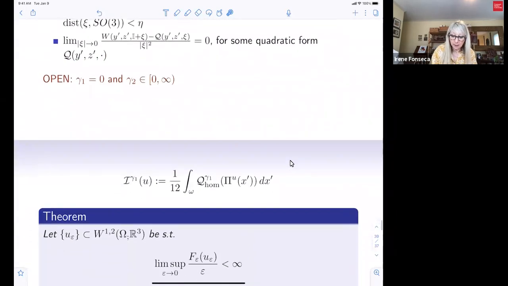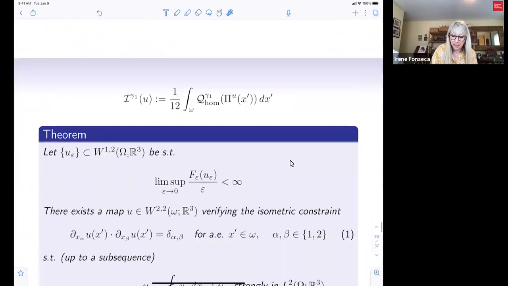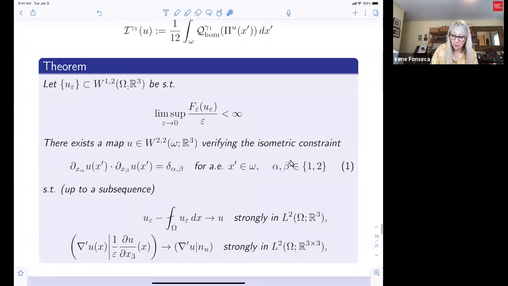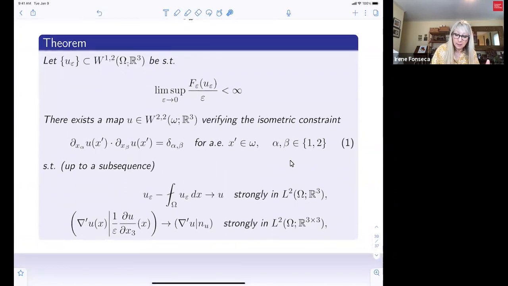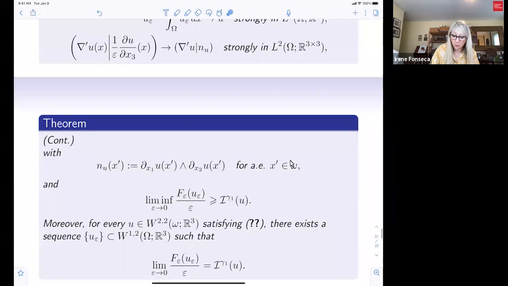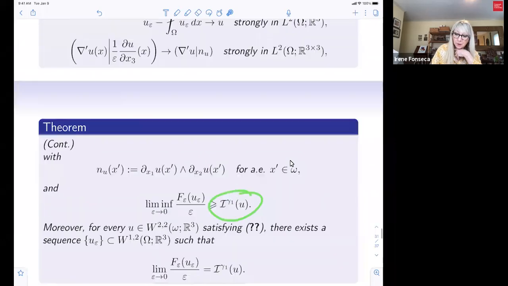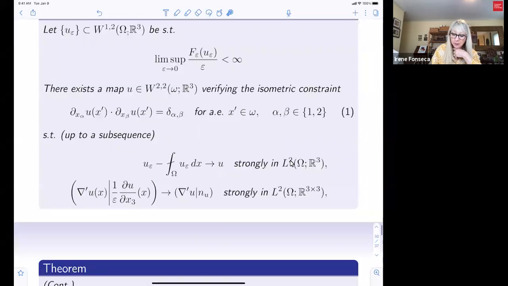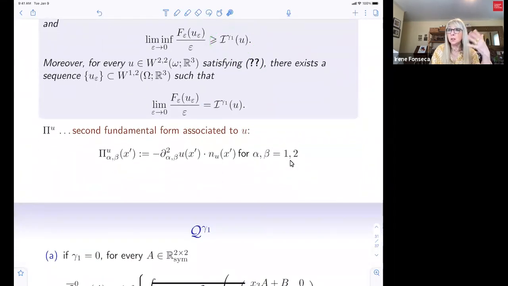And so again, this is our hypothesis, right? And at the end of the day, you're going to have, okay, so there's a compactness result, which is what I'm writing here. And at the end of the day, we are going to find a target, which I wrote here. Again, I don't expect you to remember this, but basically we know what these look like.